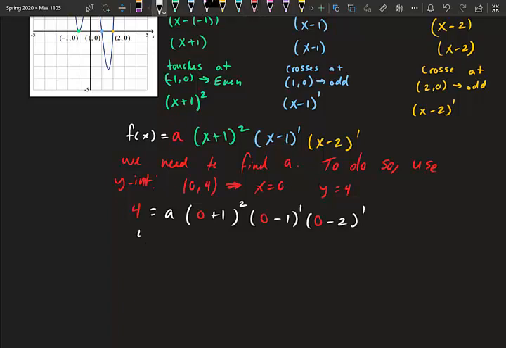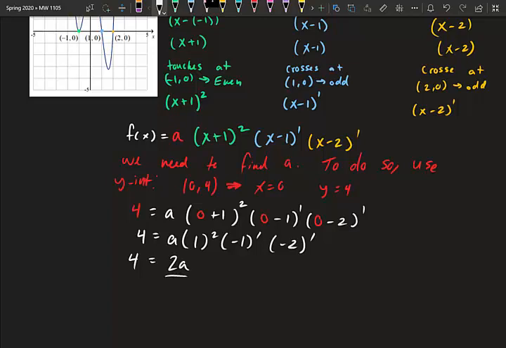So we have 4 equals a times 1 squared times negative 1 to the 1 times negative 2 to the 1. So meaning we have 4, so 1 squared times negative 1 times negative 2 is just positive 2. Positive 2a, because negative and negative become positive.